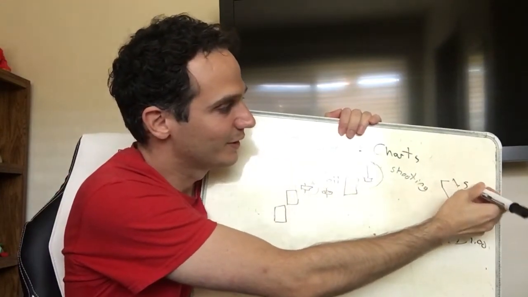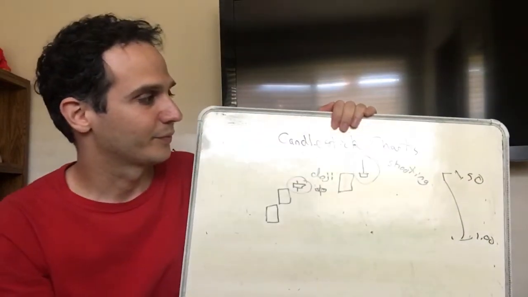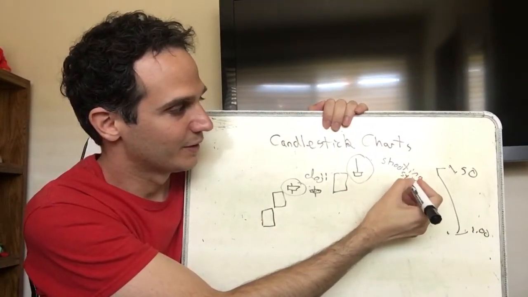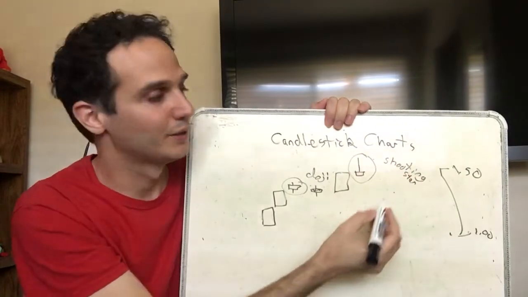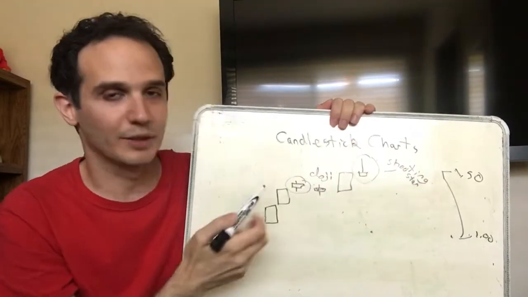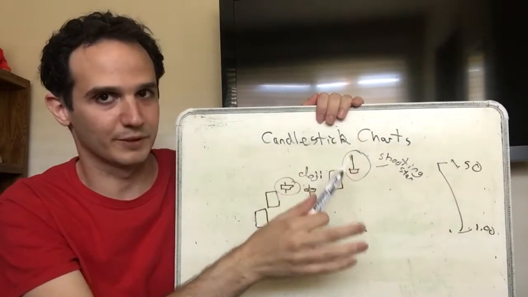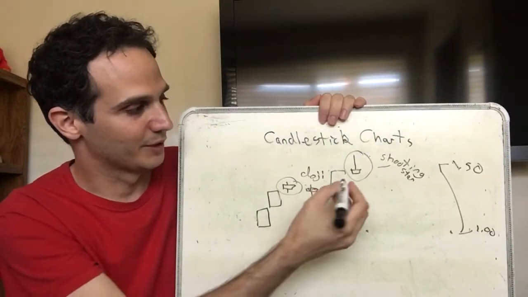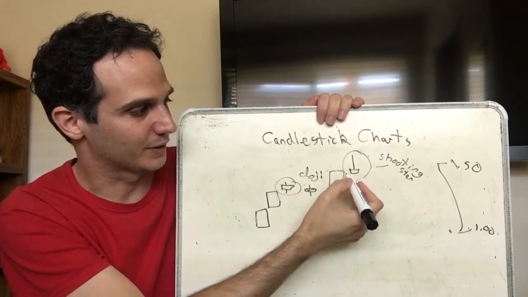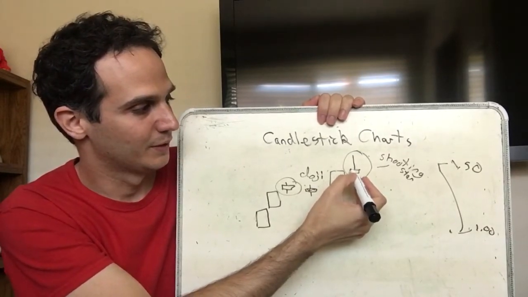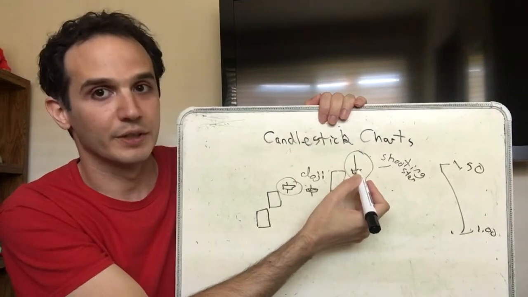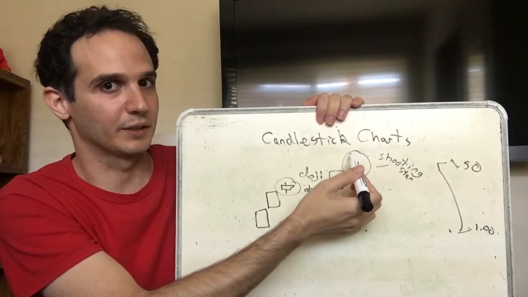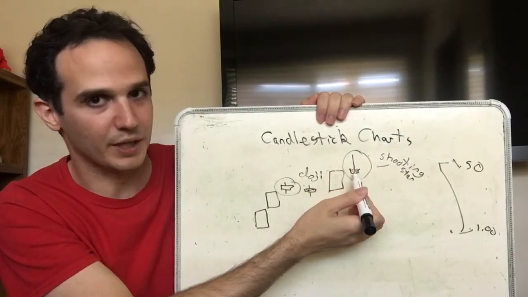150. And so if you get a shooting star candle, that usually represents a top of the spike or a top of the uptrend. And what this means is that the candle opened and then the price went up, up, but then it went right back down, down, down.